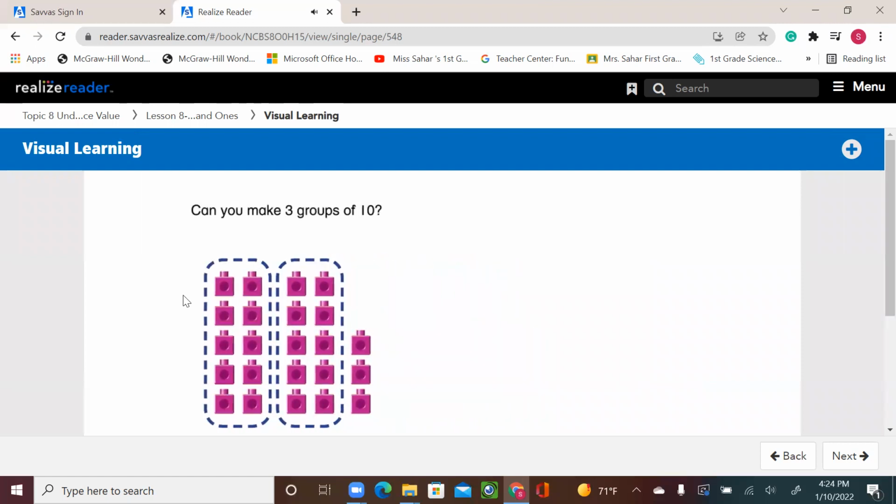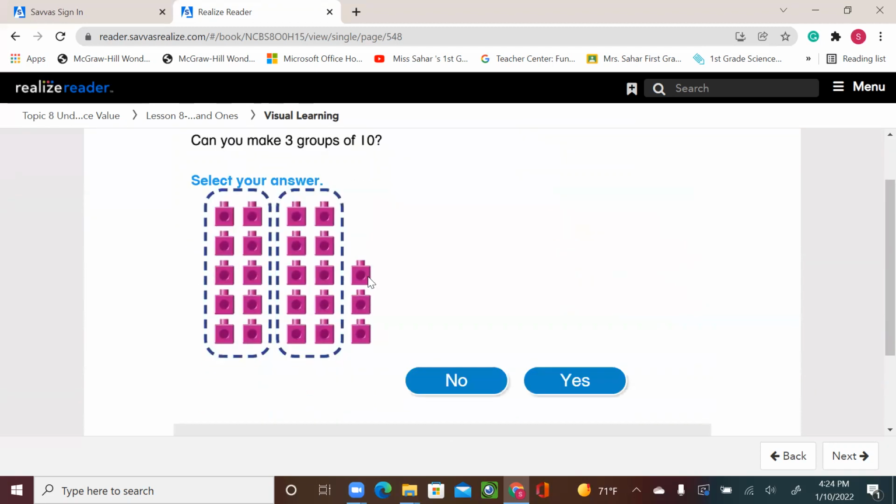Can you make 3 groups of 10? Select your answer. I know that I have 2 groups of 10 already and I have them in a box. So I have one group and another group. So 10, 20. But what's left is 1, 2, 3. So I cannot have another group of 10 because I don't have 10 cubes.